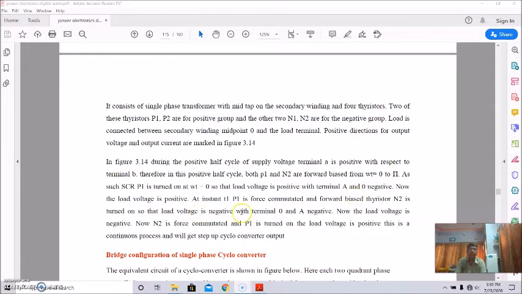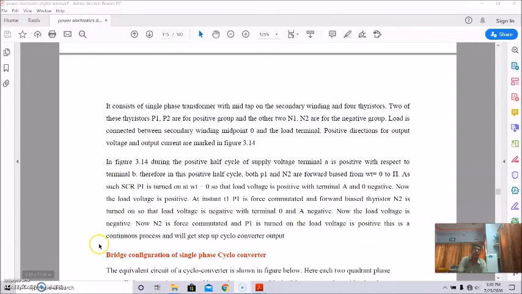So at instant T1, P1 is force commutated and the forward biased thyristor N2 is turned on, so that the load voltage is negative with respect to terminal O. Now that the load voltage is negative, N2 is force commutated and P1 is turned on and the load voltage is positive.